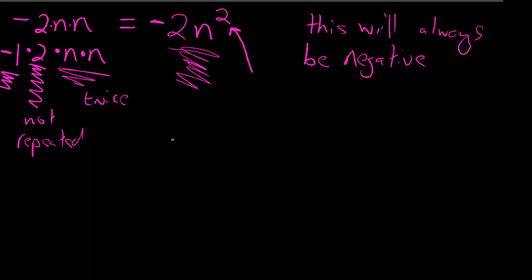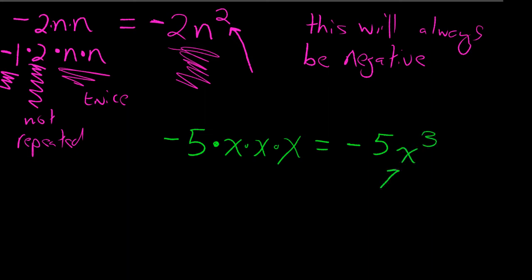But if I have something like -5 times x times x times x, using the same process, I get -5x cubed. Now this will take the sign of whatever goes into it.